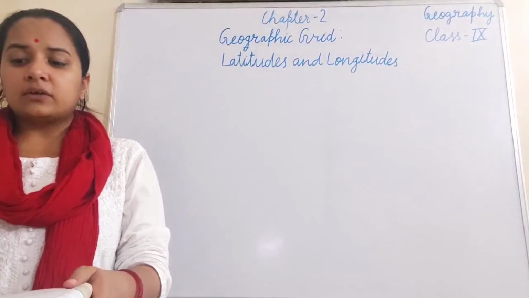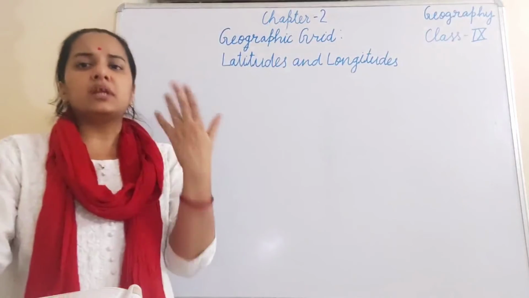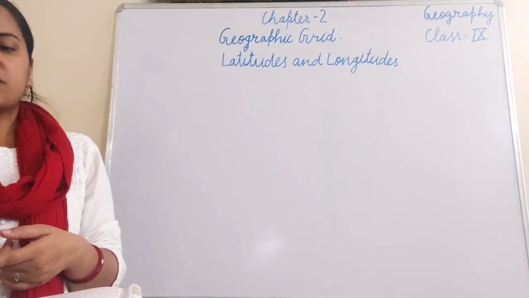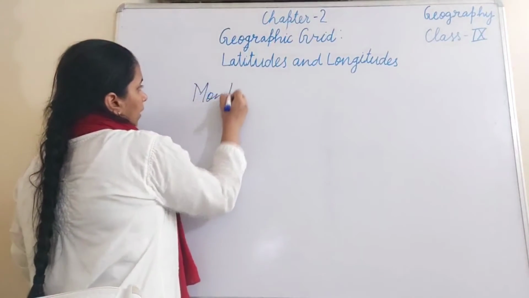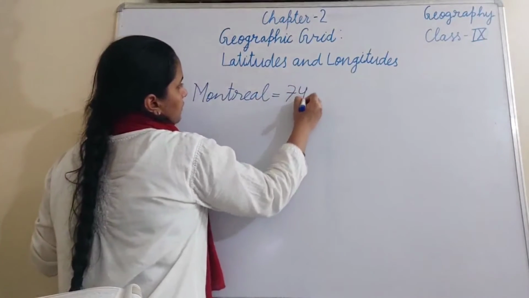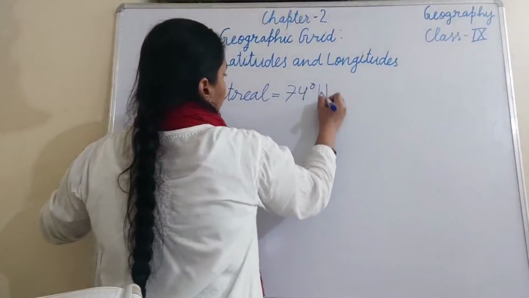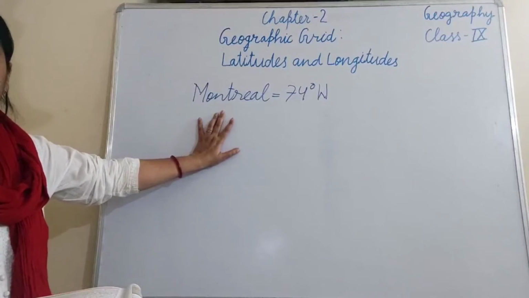So after consulting the atlas, or in most of the exams, these values will be given to you. It is found that Montreal lies at 74 degree west.